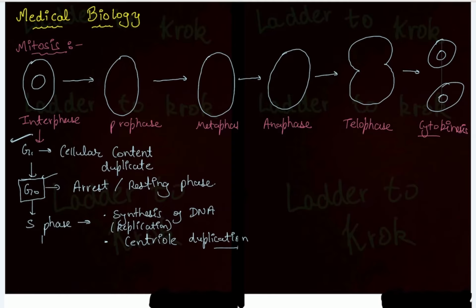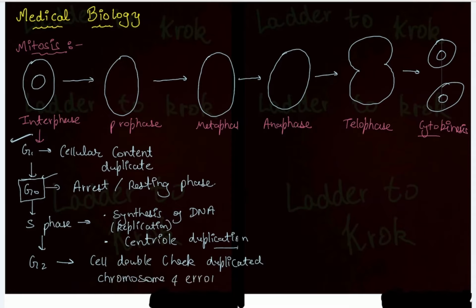Then there is phase G2. In this G2, the cell double checks the duplicated chromosomes and errors are corrected.